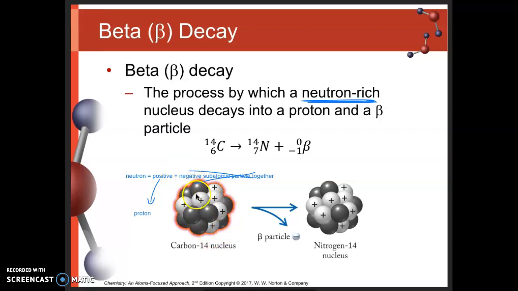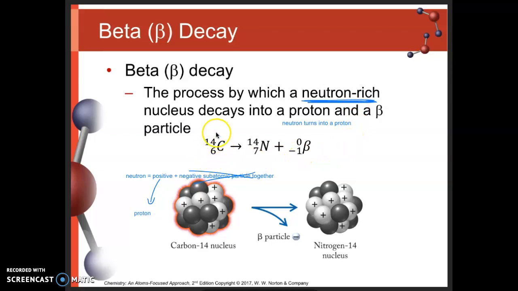And so in beta decay, what we see there is a proton basically coming from a neutron. And for things that are neutron rich, this helps because it's going to help to swing the ratio more toward the proton side and away from the neutron side, which is going to get us closer to stability.